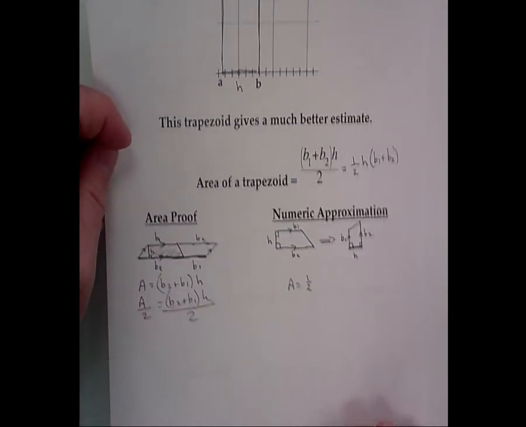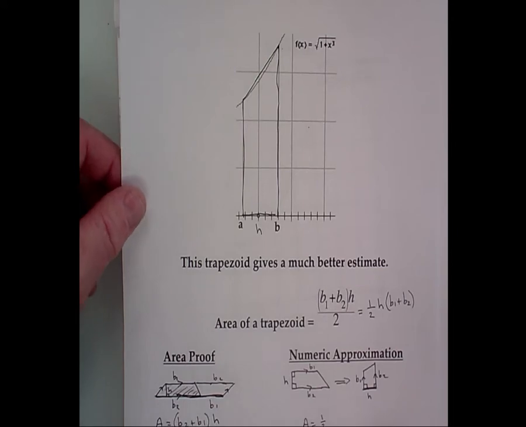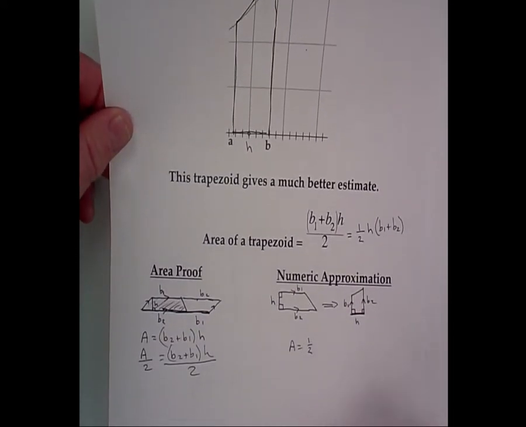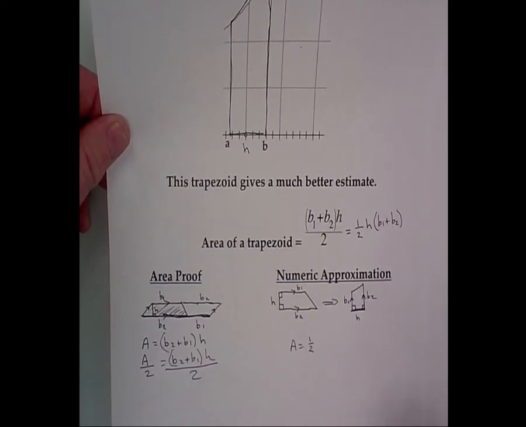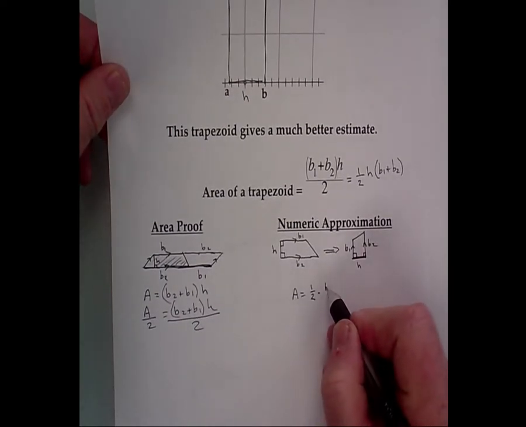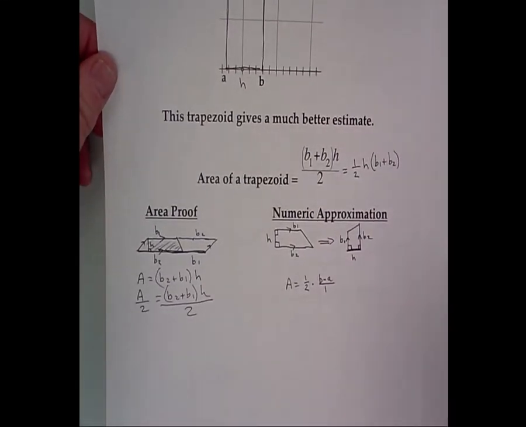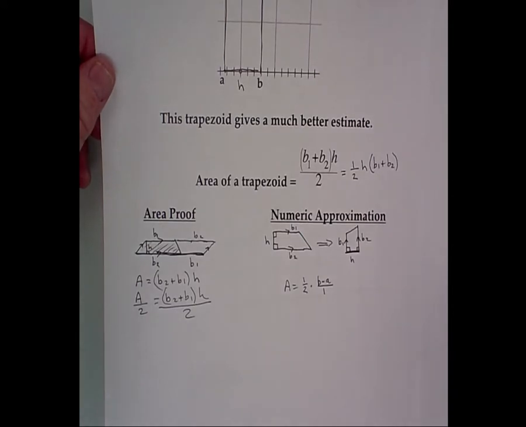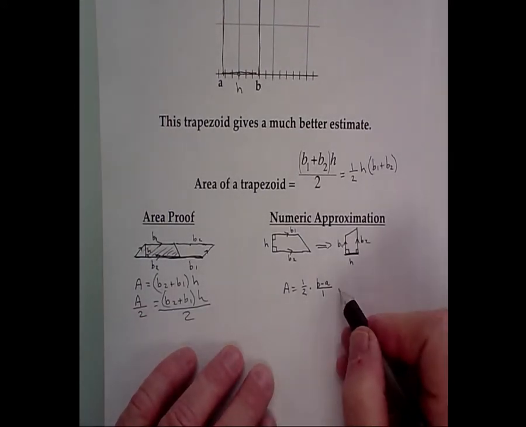In terms of calculus, what would I call H? B minus A. In fact, I'm going to say it's B minus A over 1, because I have one trapezoid.